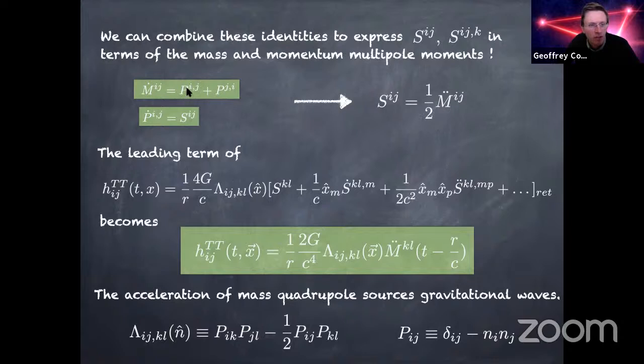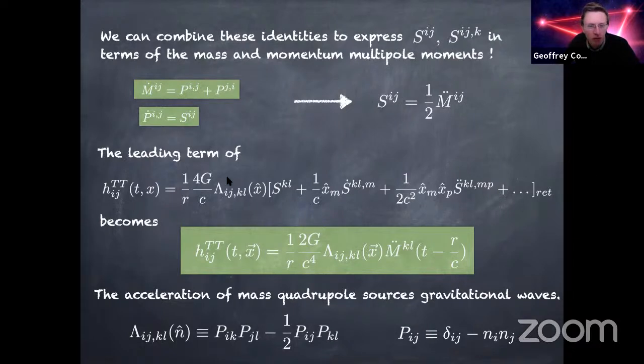There's a symmetrization, which I didn't put here, because the antisymmetric part is 0 by conservation of the angular momentum. So the time derivative is automatically symmetric. So this is true.